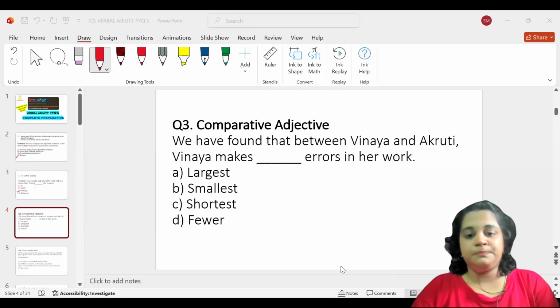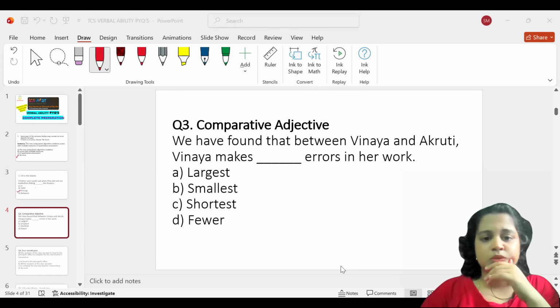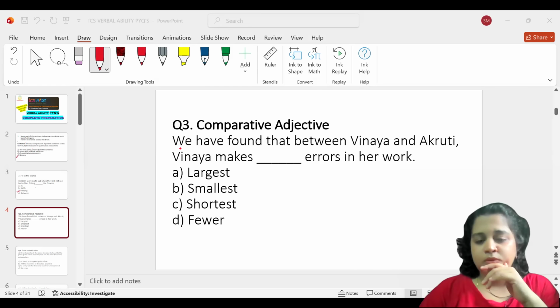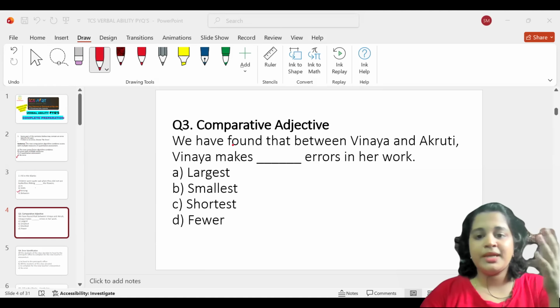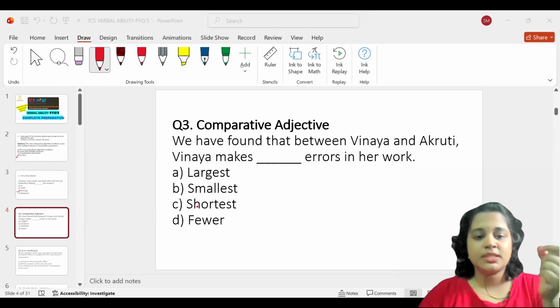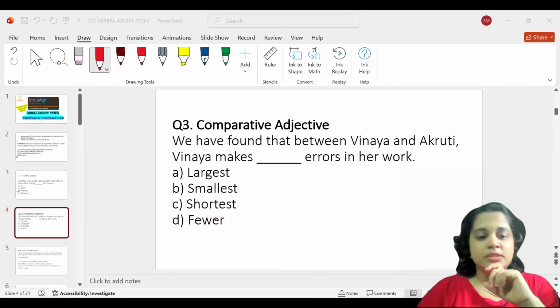All right. So let us look at this question. It says, we have found that between Vinaya and Akruti, Vinaya makes blank errors in her work. The options are largest, smallest, shortest, and fewer. And the most appropriate answer would be fewer. Why?